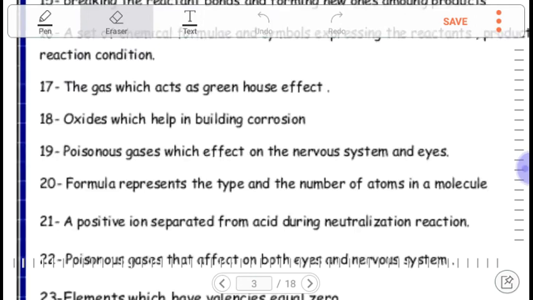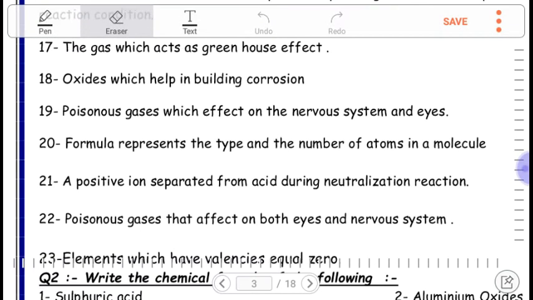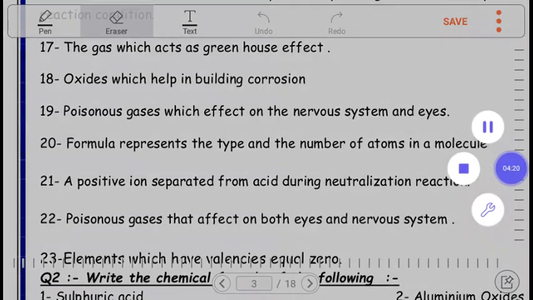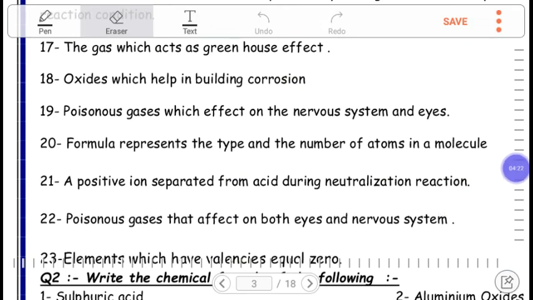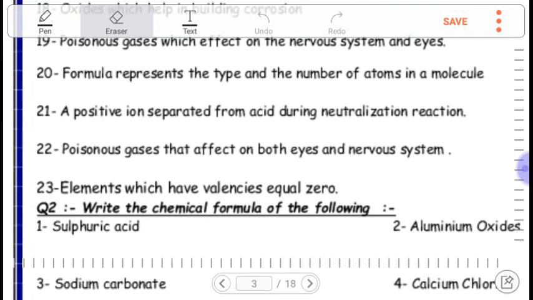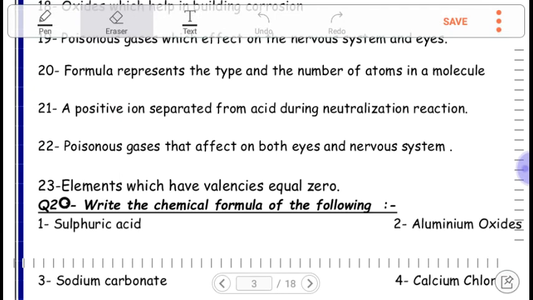Number 21, the positive ion separated from the acid during the neutralization reaction is cancelled. 22, poisonous gas that affects the eyes and the nervous system again, similar to number 19. 23, elements which have valency equal 0, so it's noble gases.